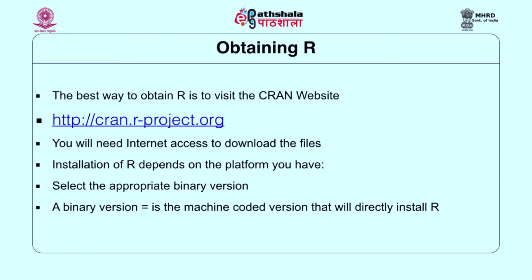So for each operating system, the R developers have put together a binary version that you can double-click and install. A binary version is a machine-coded version that will directly install R.